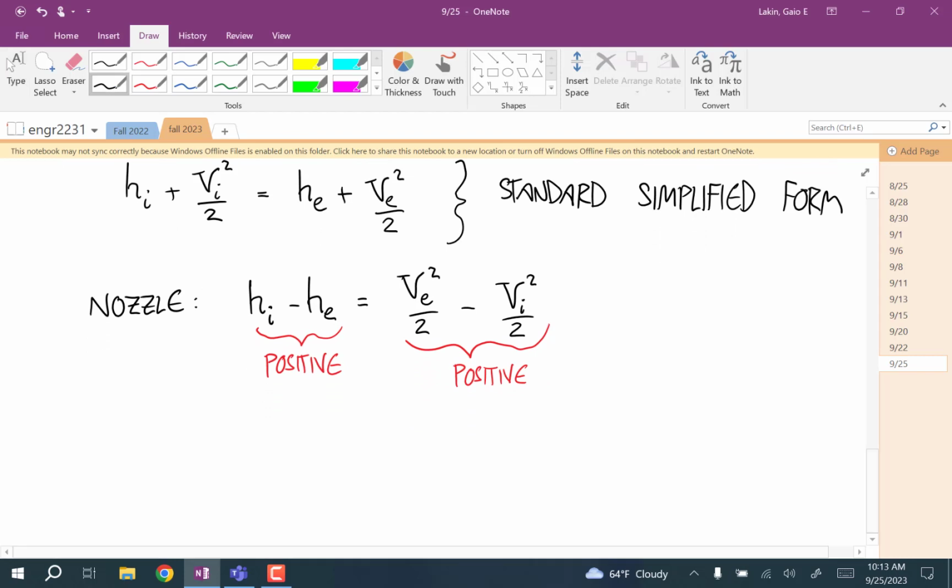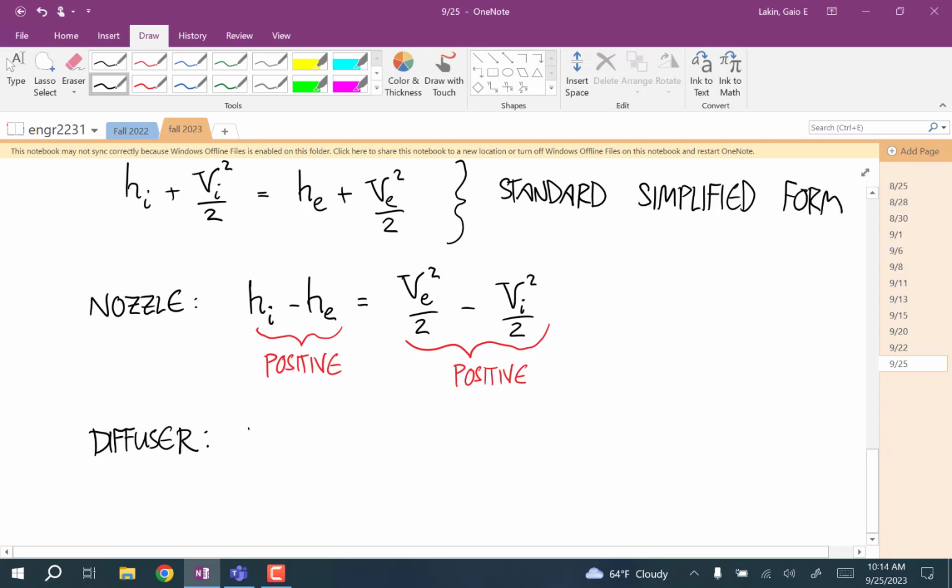And then for a diffuser, I'm just going to get them over on the opposite sides. So for a diffuser, the speed is higher at the inlet, lower at the exit.